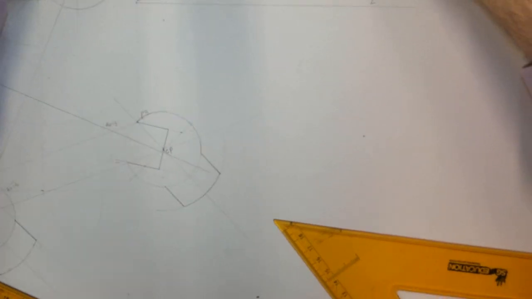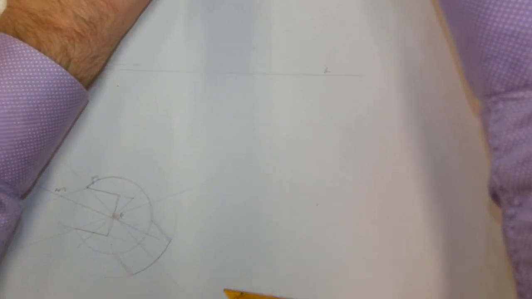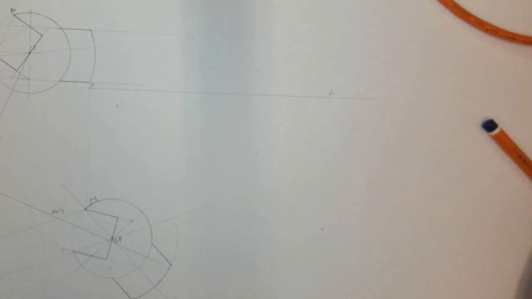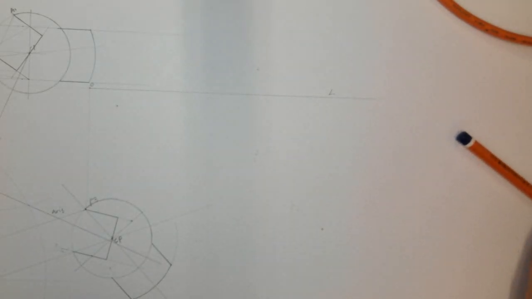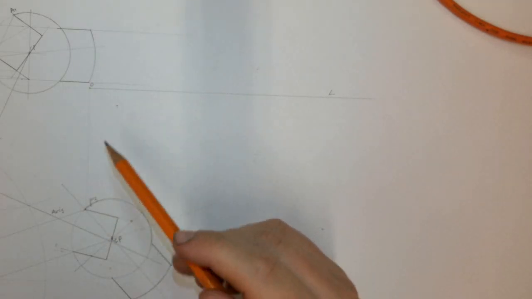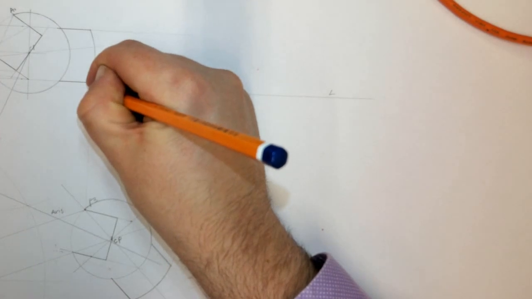P3 is rotated about point O until it hits the line OL, and it's rotated clockwise through 90 degrees. So this is the point here.